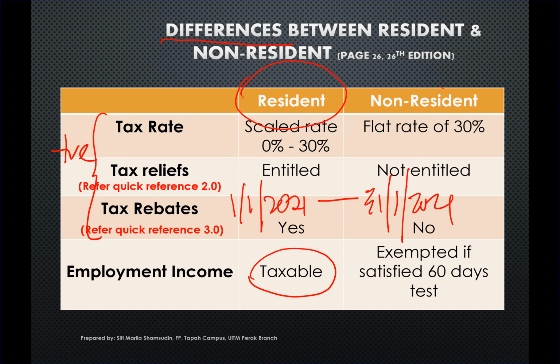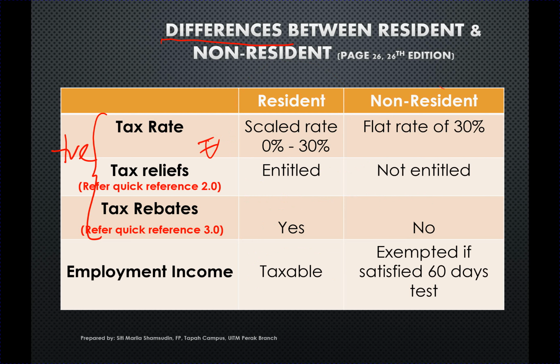Awak hantar surat nak berhenti kerja. So you only work with that company, with that employer for 1 month saja. Tak kisah, janji ada employment income, this employment income that you receive for working within 1 month period is already taxable.